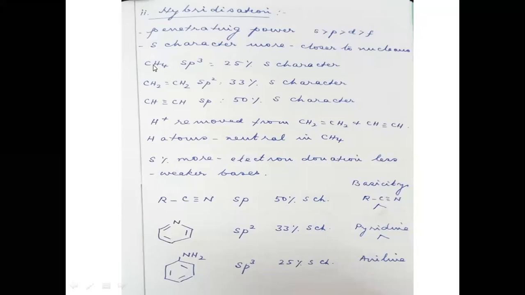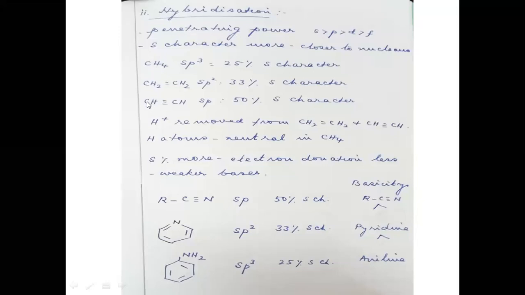This carbon also attracts the shared pair of electrons, and this carbon also, and this carbon also. But as the s character is less here, this attraction is less. As the s character is comparatively higher, this carbon will effectively attract the shared pair of electrons towards itself.